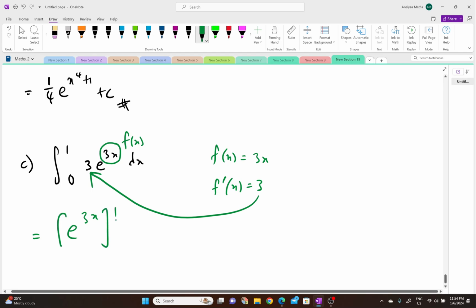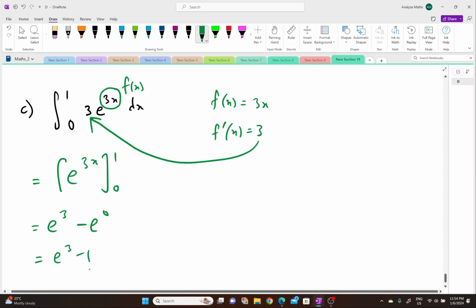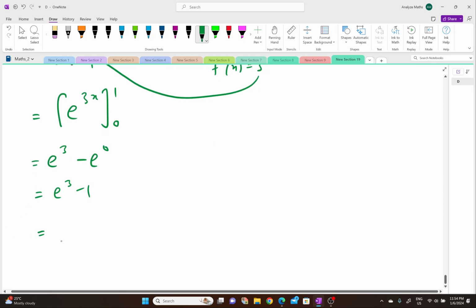Definite integral, you put a bracket 1 0, replace the 1, you get e to the 3, replace the 0 there, it becomes e0. Any number raised to the power of 0 is 1. You can leave the answer like this, or you can press the calculator. You will get 19.08. That is the answer.